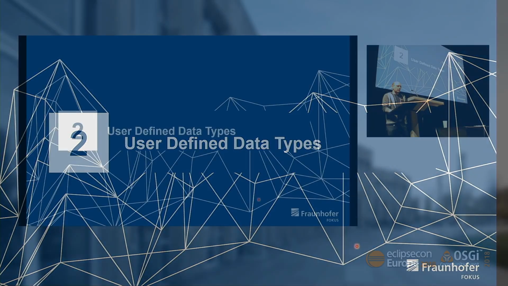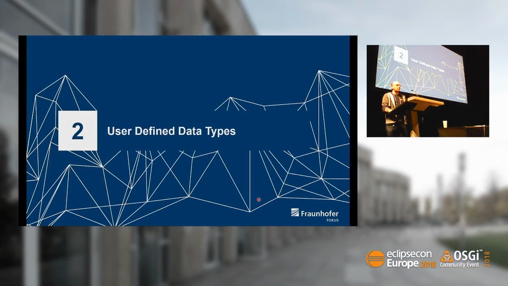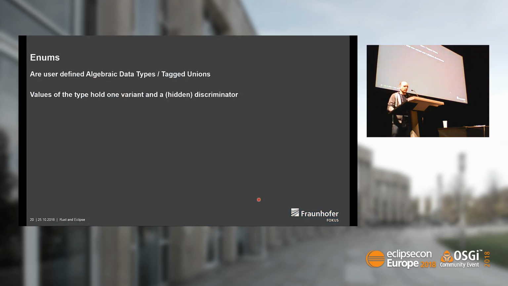All right, so I will not talk about primitive types because they're pretty similar to other languages. So I won't talk about ints and floats and bools and arrays and slices into arrays and tuples. I will just talk about the user-defined data types. One of them are the enums, and the enums are basically tagged unions.